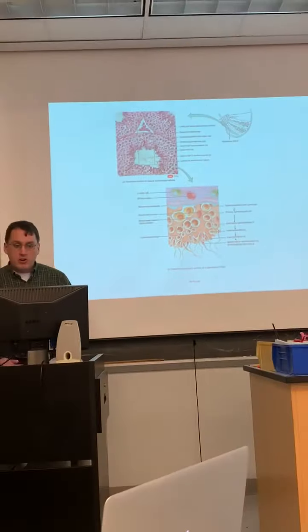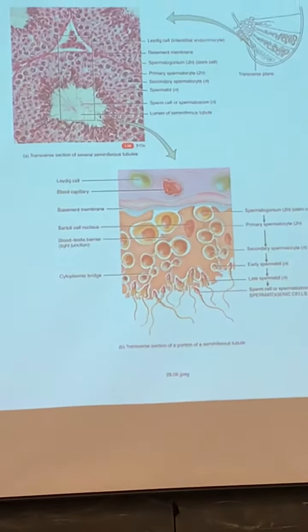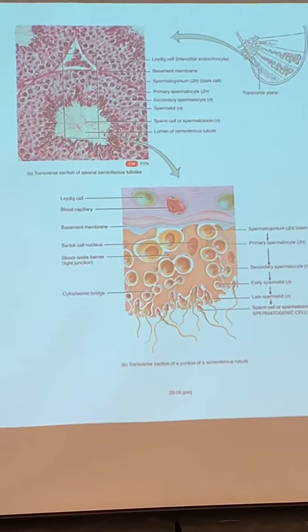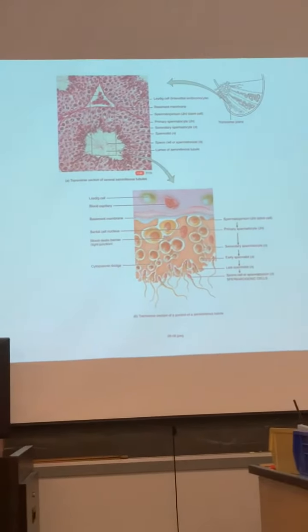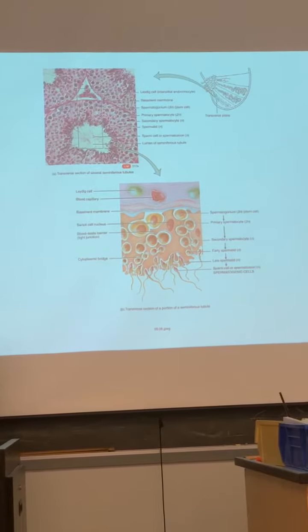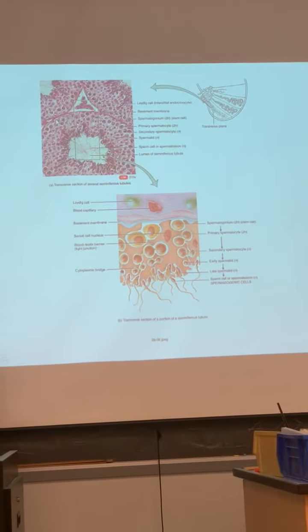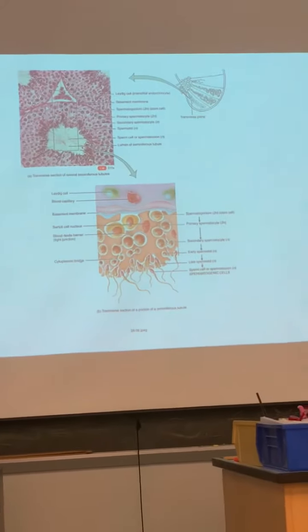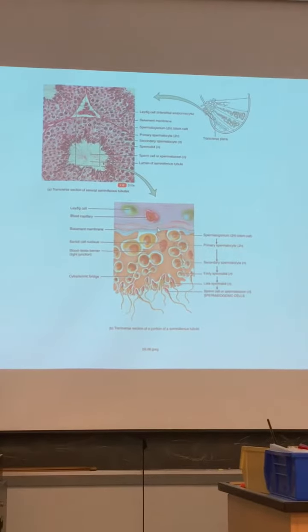Okay. So here you can see the wall of the seminiferous tubule. We'll look at a slide of this in a little bit. This is the basement membrane that surrounds the wall. You can see it there.